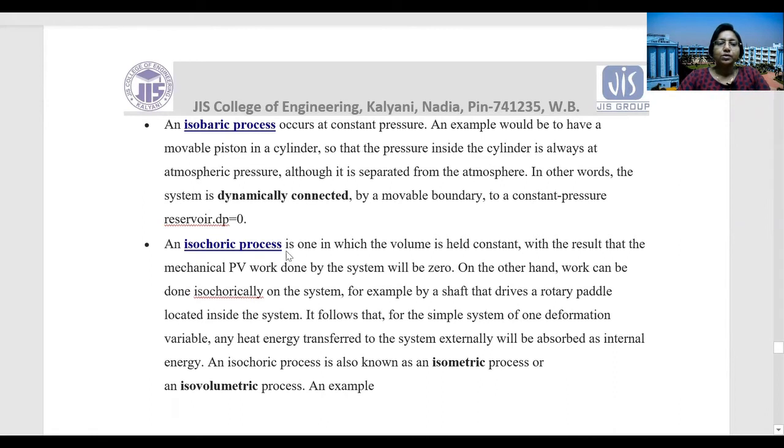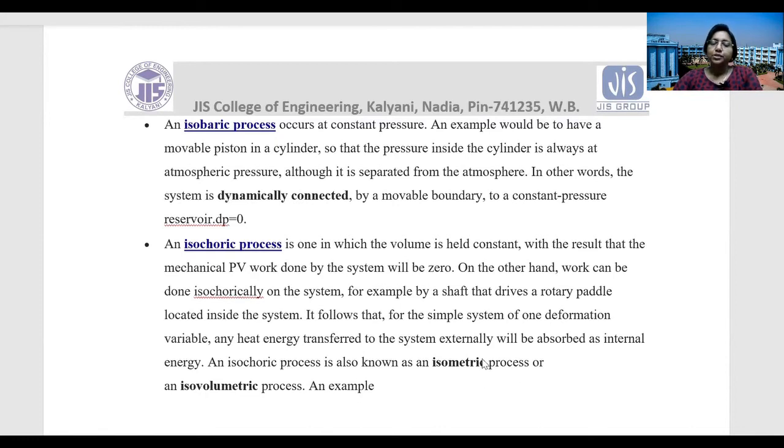So an isochoric process is one in which the volume is held constant, with the result that mechanical PV work done by the system will be 0. On the other hand, you can say the work can be done isochorically on the system, for example, by a shaft that drives a rotary paddle located inside the system.